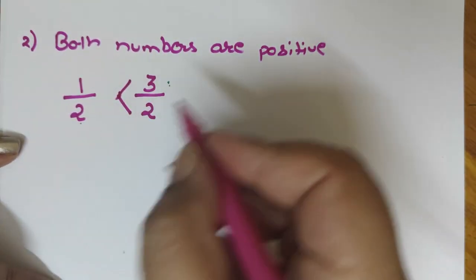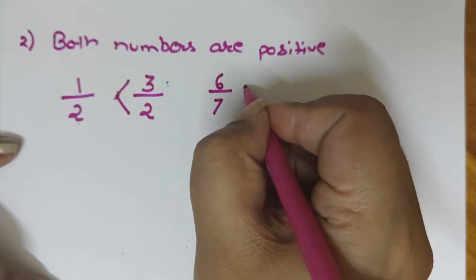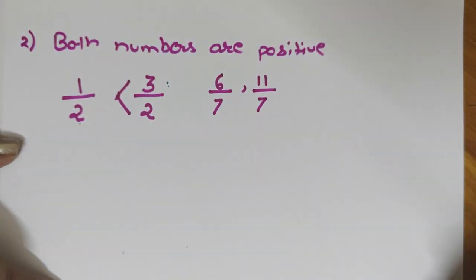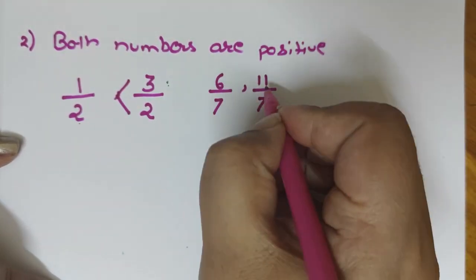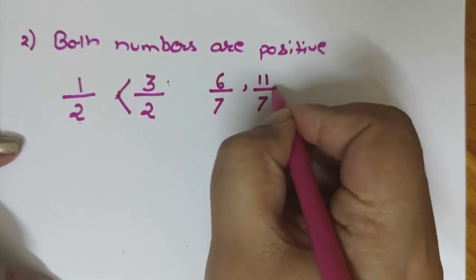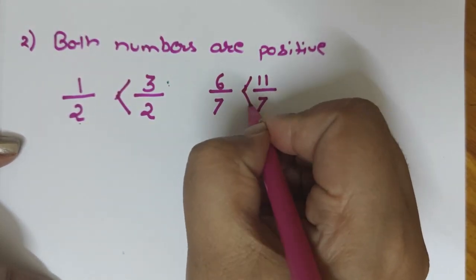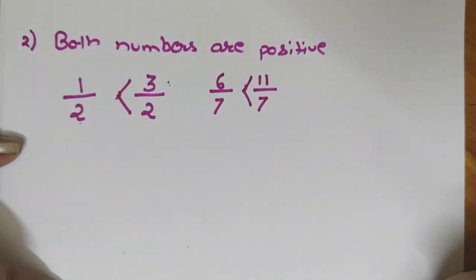Okay, one more example. We have 6 by 7 and we have 11 by 7. Since the denominator is equal, whichever numerator is greater wins, so 11 by 7, 11 is greater than 6, so that means 11 by 7 is greater than 6 by 7.